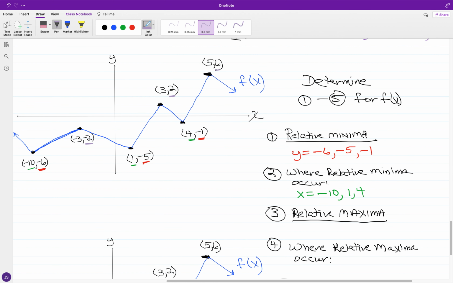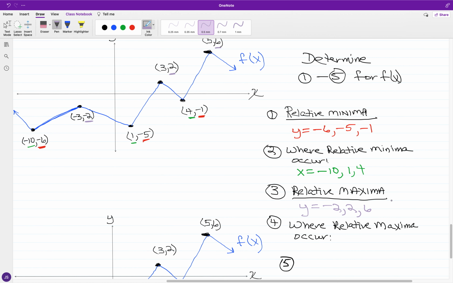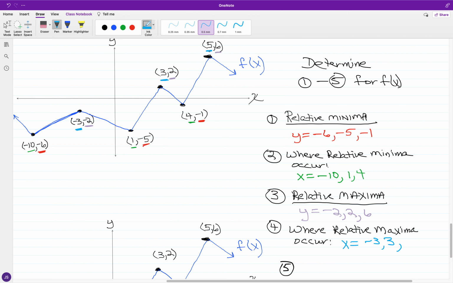And then the third and last at y equal to 6. And where those peak points occur, we have the corresponding x values. Whenever y is -2, the corresponding x value is -3. Whenever y equals 2, the corresponding x value is 3. And for y equal to 6, the corresponding x value is 5. So this is where all these relative maxima occur.